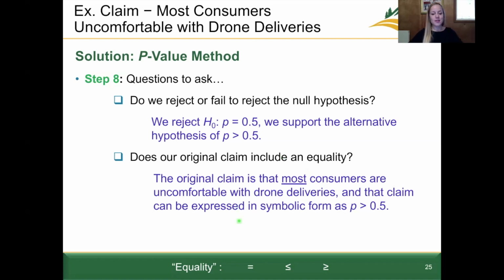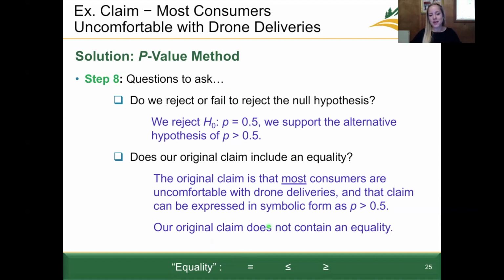And to remind you again about how we denote equality with an equal sign or less than or equal to or greater than or equal to, it's apparent that our original claim does not contain inequality. Okay, so in step 8, we reject the null hypothesis and our original claim does not contain inequality.